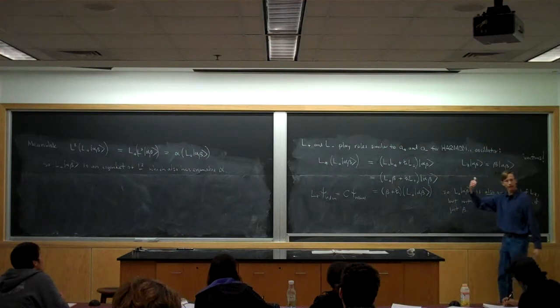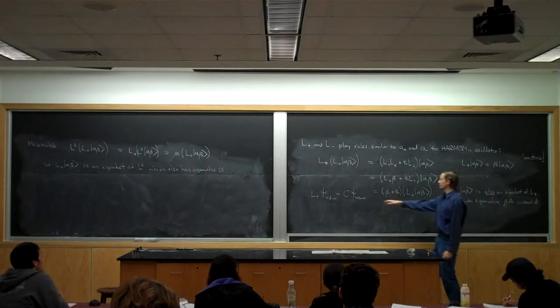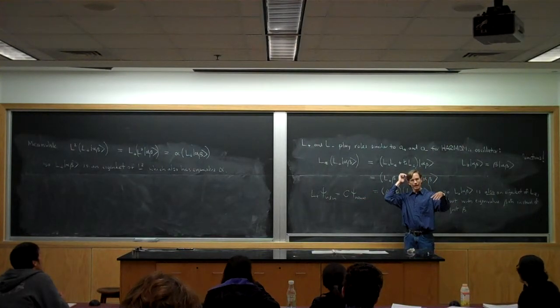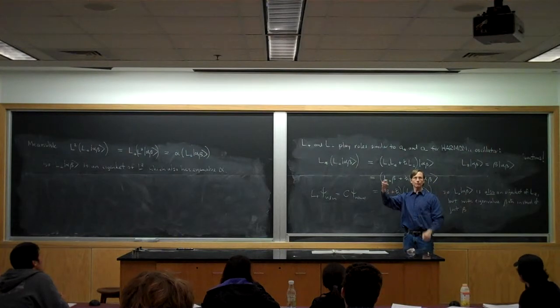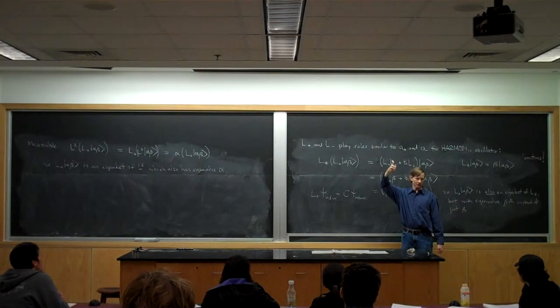M went up by 1, L didn't do anything. So in other words, you have a set of states that have a certain value of L, and then M ranges from minus L to L. What L plus does is it takes states in that set and moves them up the ladder, so to speak.